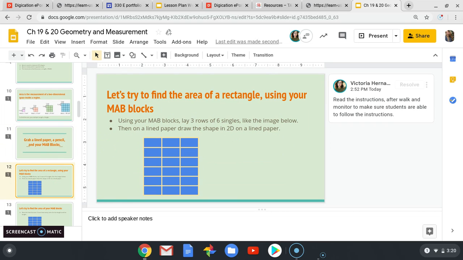Using your MAB blocks, lay 3 rows of 6 single blocks, like this image here. We can all do this as a class. Then on a lined piece of paper, draw the shape in 2D. And I'll be walking around monitoring to make sure you understand.